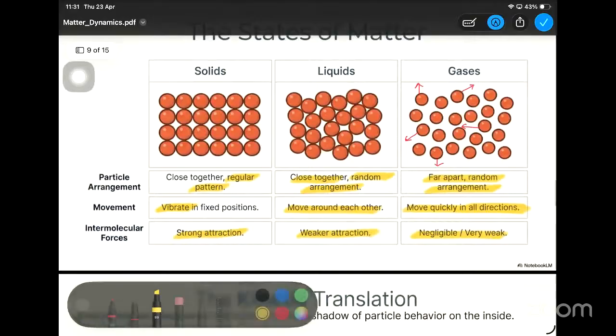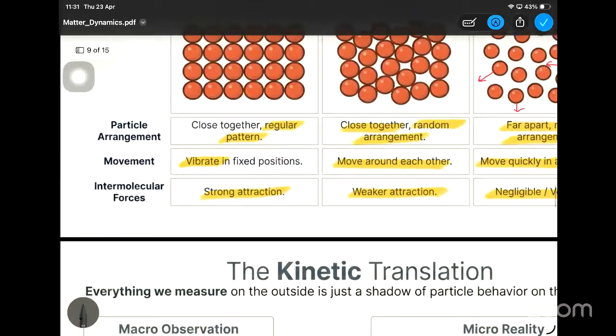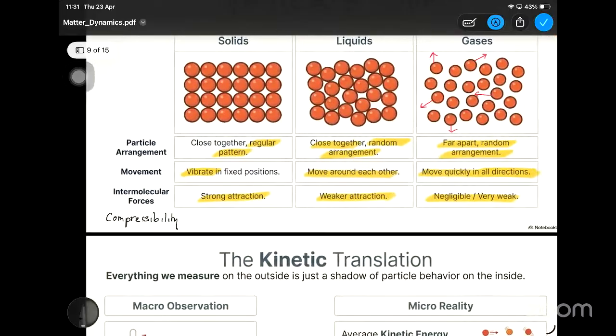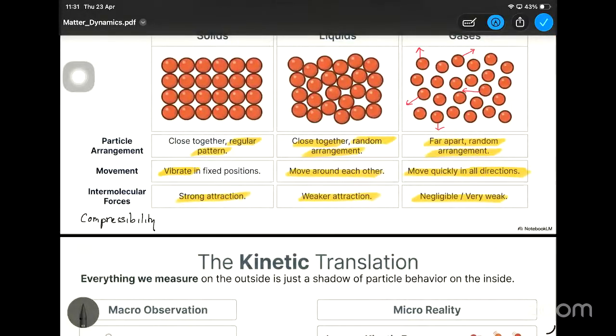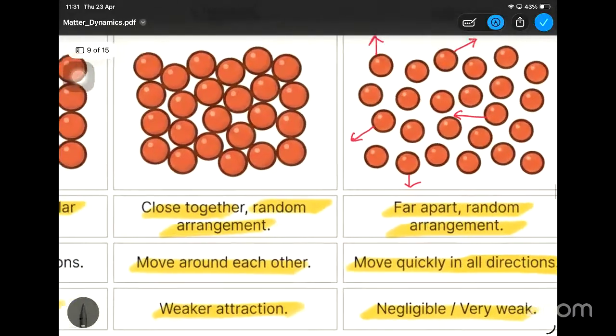Also, try to get the idea of compressibility as well, right? They might ask about compressibility, which means the compressing ability, the ability to be compressed. Here you can see there are so many interparticle spaces.